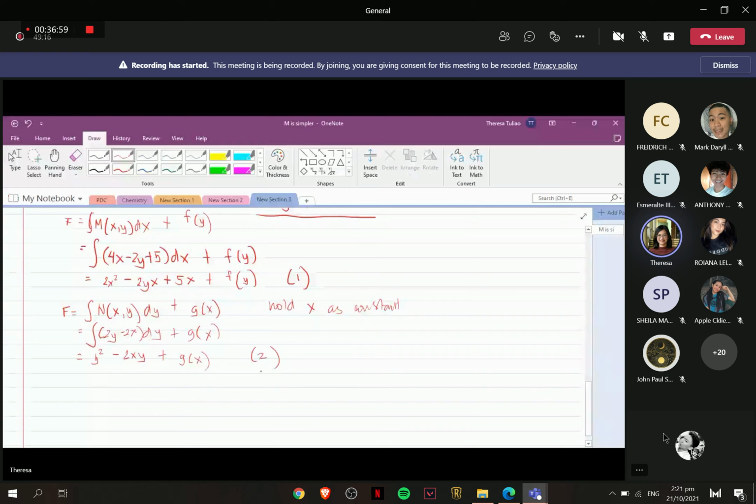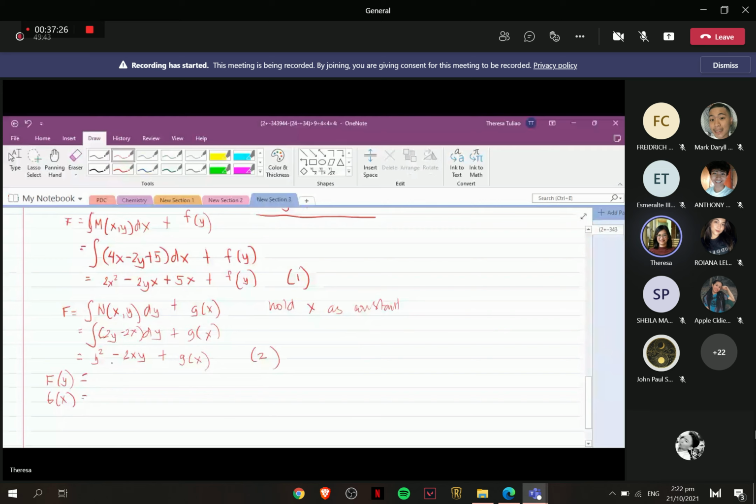And then, kukunin natin ngayon lahat ng may y. Lahat ng may y at lahat ng may x. So, sino ang may y, no? Dito sa equation 1 at sa equation 2, ano ang mga may y mo dyan?